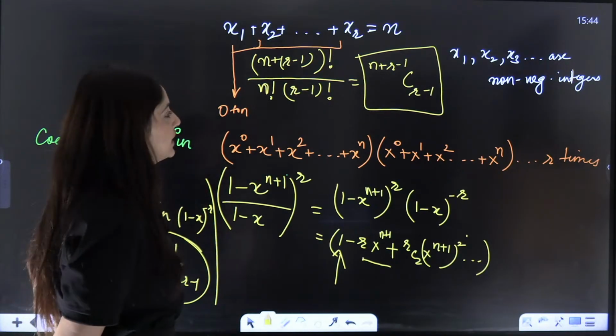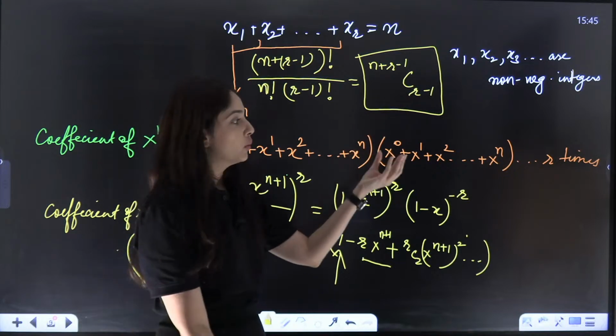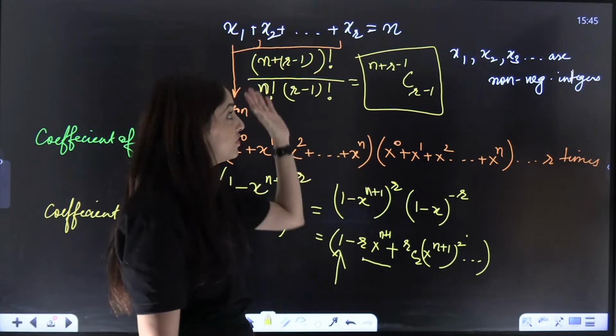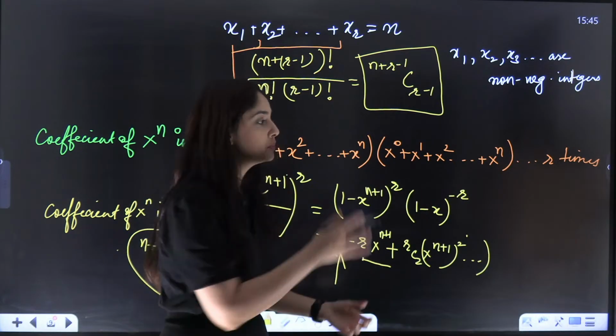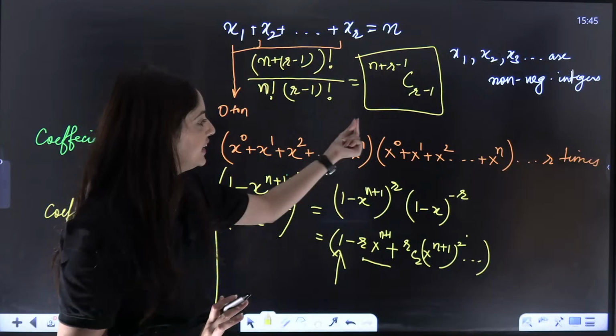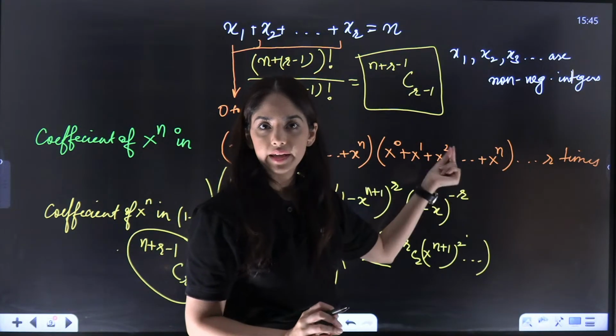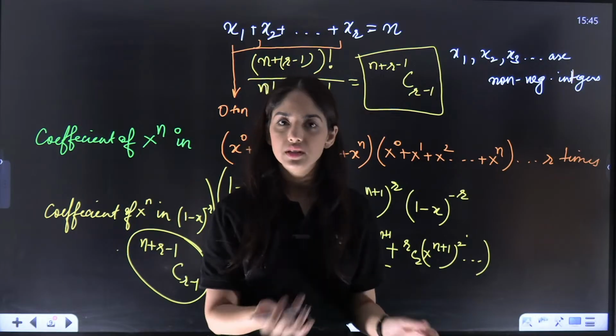Now, if that weren't the case, if there were some specific conditions, and not every variable could be from 0 to n, in that case we will need this multinomial expansion. We will have to write all the possible cases and see the coefficient of x raised to power n in this. So this is how we do it, bache.